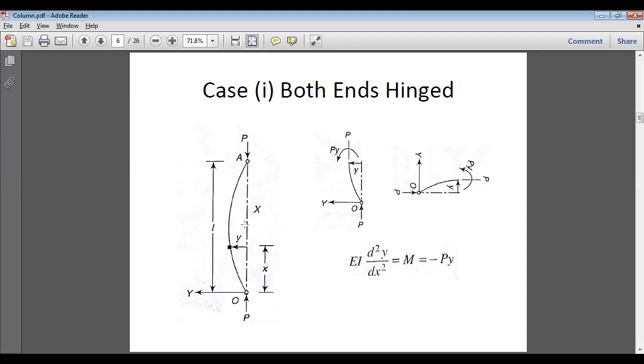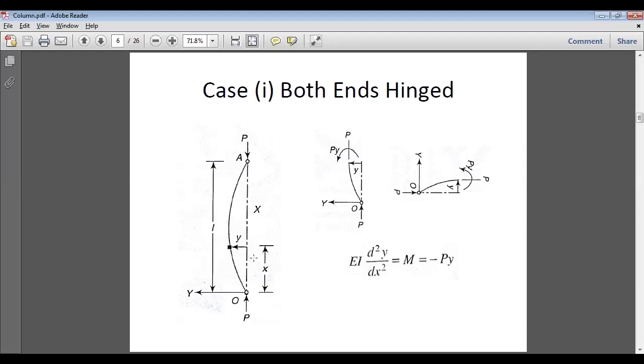When it is shifting leftwards, we have y max. This is the distance by which, like in beams, it has deflected from the axis of the column. So this is y max, and from here the deflection is 0 at the ends, and it will start 0, 0.1, 0.2, 0.3, and this way it will come, and this is y at a distance from the vertical.